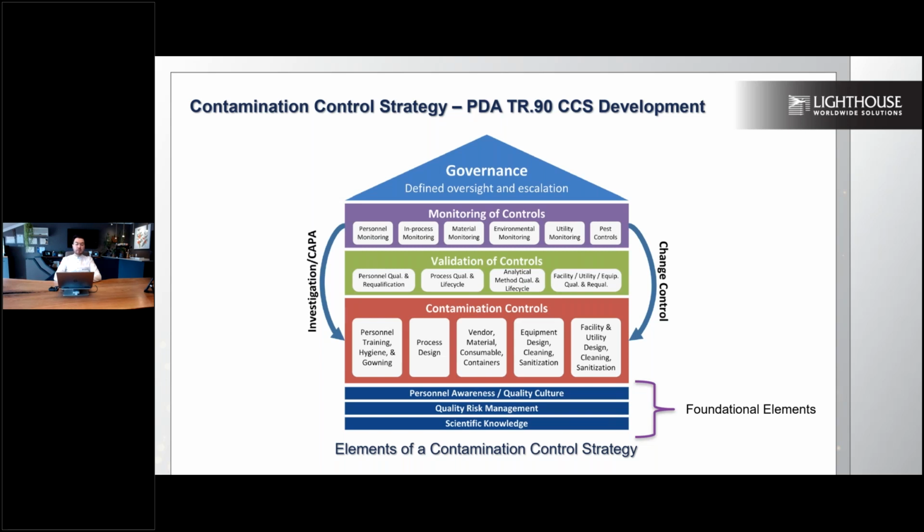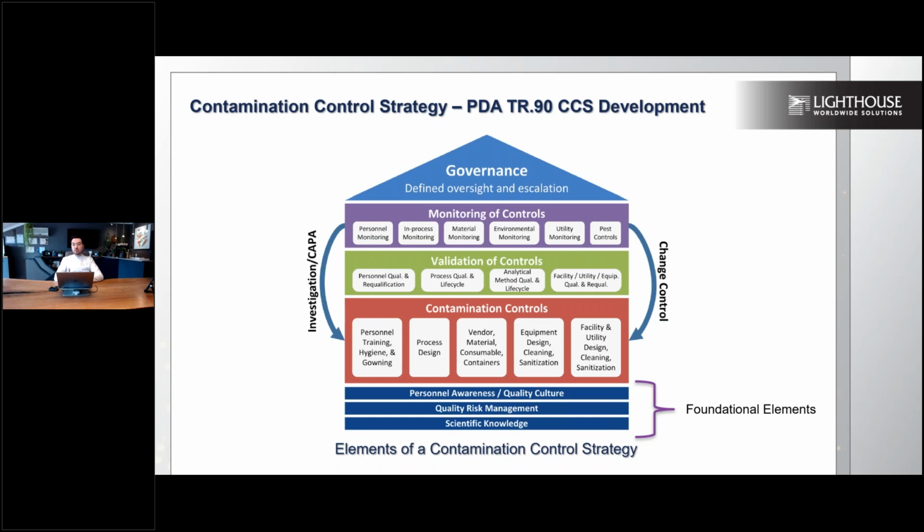This also includes all the requalification processes and the mandatory life cycles, also the facility, utility, and equipment qualification documents as well. And on top, you'll be seeing monitoring of all controls.